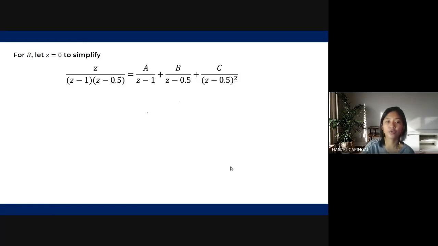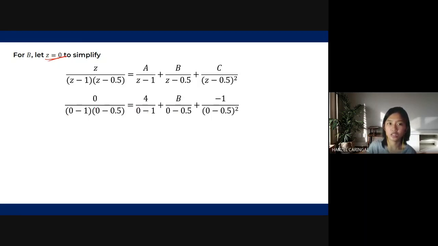Afterwards, for letter B, to simplify, let z is equal to 0. We use the number 0 because it is easier. Substituting the values, A is 4, B is as is, and C is negative 1. Our denominators become 0 minus 1, 0 minus 0.5, and 0 minus 0.5 squared.